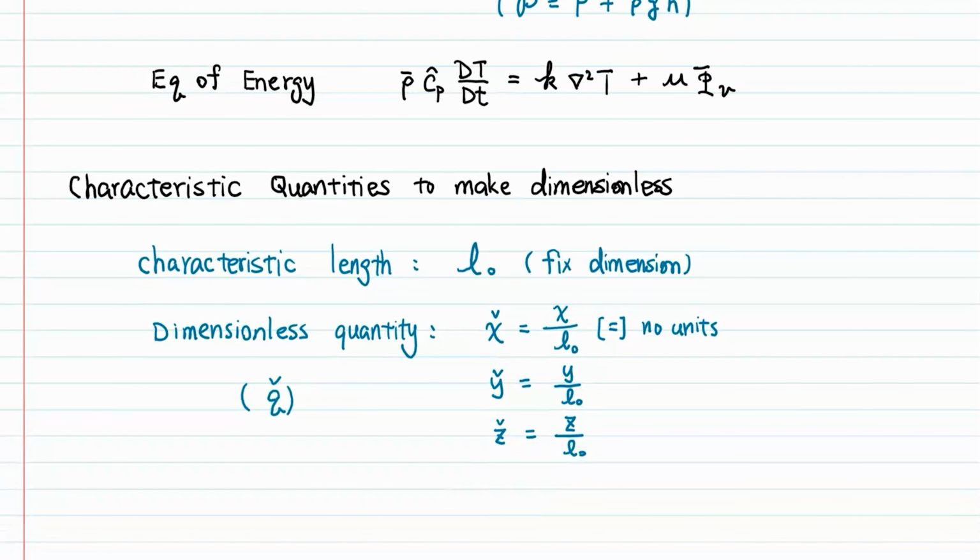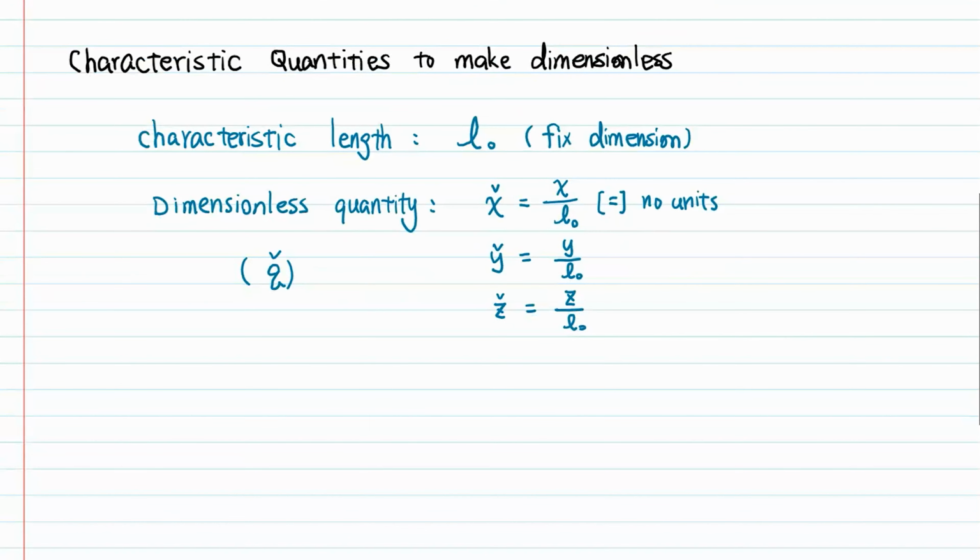So let's use a different color pen. So we have characteristic time. Okay, and there are many choices you can use, but for simplicity, let's choose one that's easiest to understand. So you can think of the dimensionless time being what?